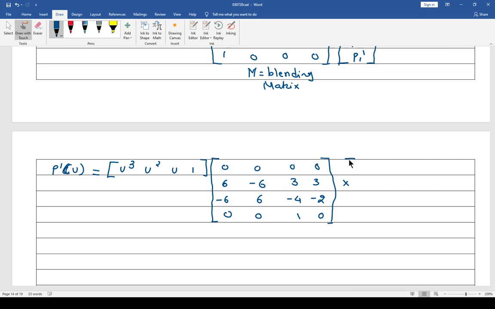Into P0, P1, P0 dash and P1 dash. So this is my tangent vector. If somebody asks me to find the tangent vector, I can find it in this way.